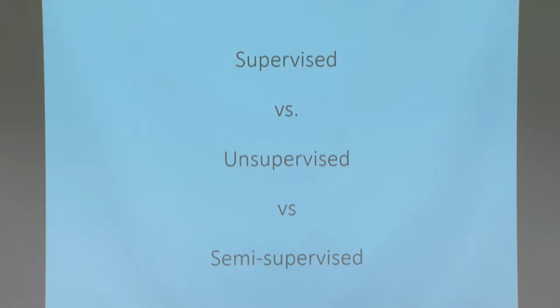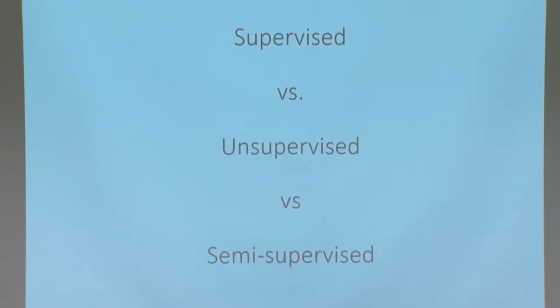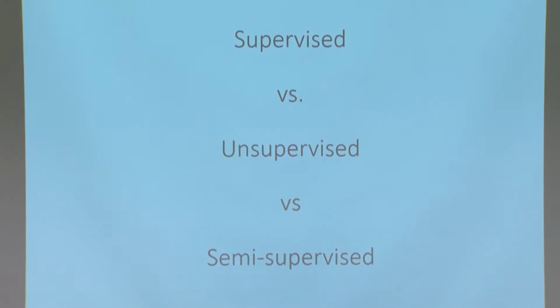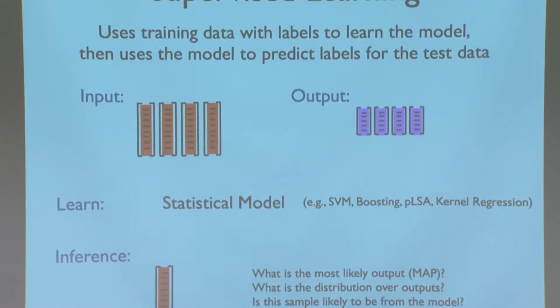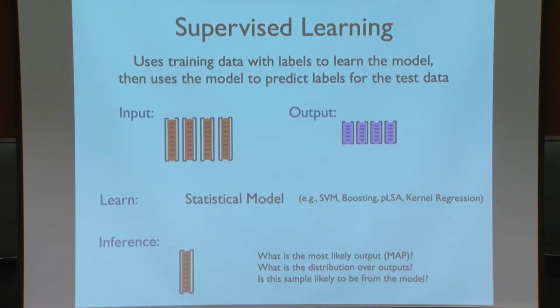So there are 3 ways, as she mentioned: supervised, unsupervised, and something called semi-supervised that falls between them. For supervised learning, we would have a set of training data, and for each of those training data points, you would have a corresponding label.